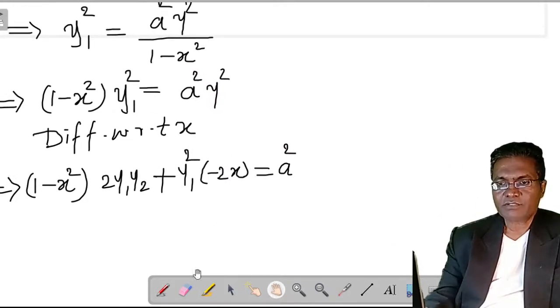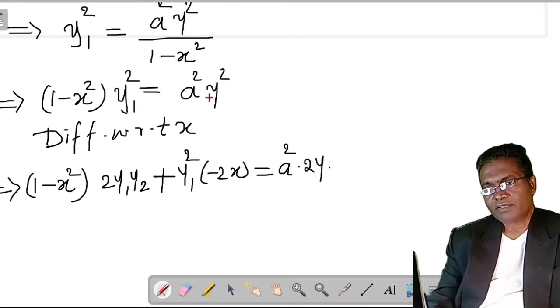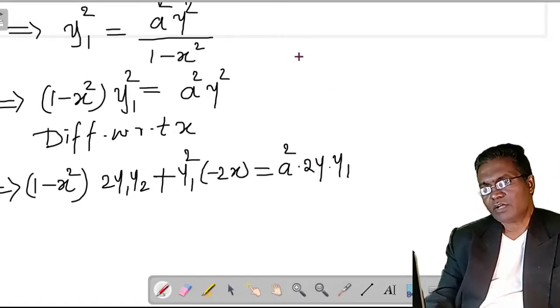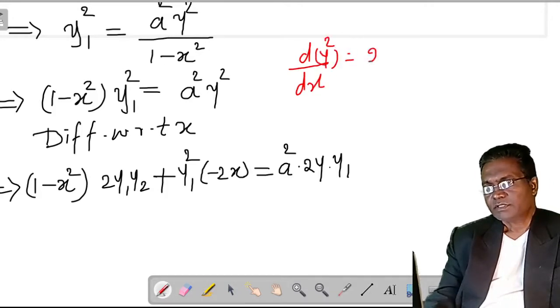Now it is interesting, what is the derivative of y square? Derivative of y square is 2y, further derivative of y is y1. So just see here, note down this. d by dx of y square is, like how I explained earlier, f(x) power n.